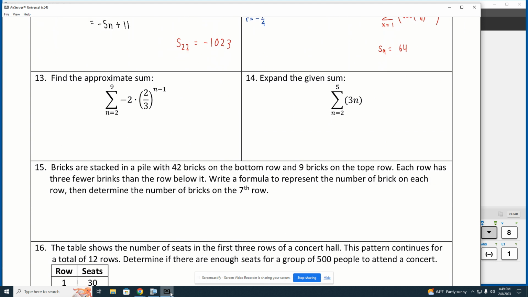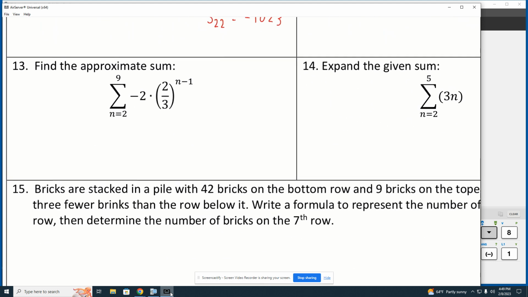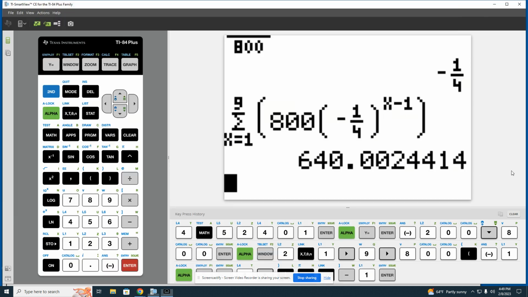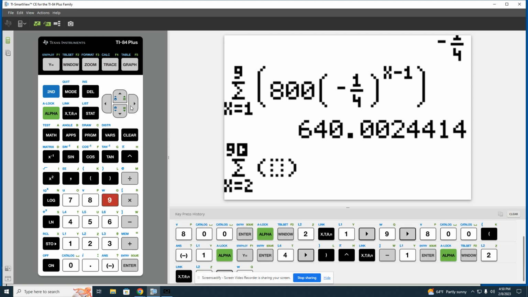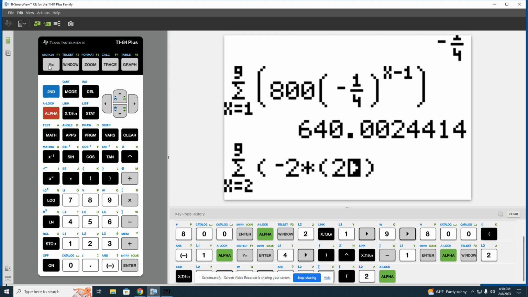All right, moving along. The key here to number 13 is please put all of this inside parentheses, the original ones. So you're going to go alpha window number 2. You're going to define your variable. This one wants you to do from the second to the 9th term. And you're fitting all of this inside this box here. So you're going to go negative 2 times, open parenthesis, 2 alpha y equals number 1 over 3.